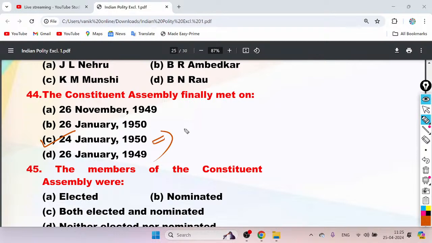So that is the reason. The final meeting was held on 24th January, and some important decisions were taken, and Rajendra Prasad was declared as the first president of India, and the national anthem, national song, all were adopted on this day, and finally this was done.